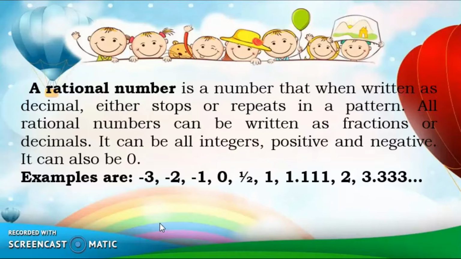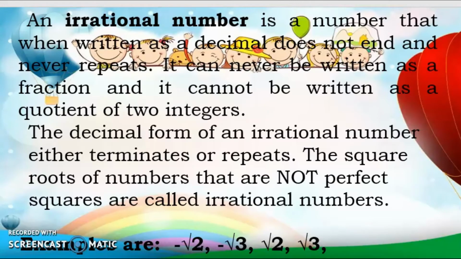Examples are negative 3, negative 2, negative 1, 0, 1 half, 1, 1.111, 2, 3, and 3.333, and so on. Okay, so what about an irrational number? An irrational number is a number that when written as a decimal does not end and never repeats.